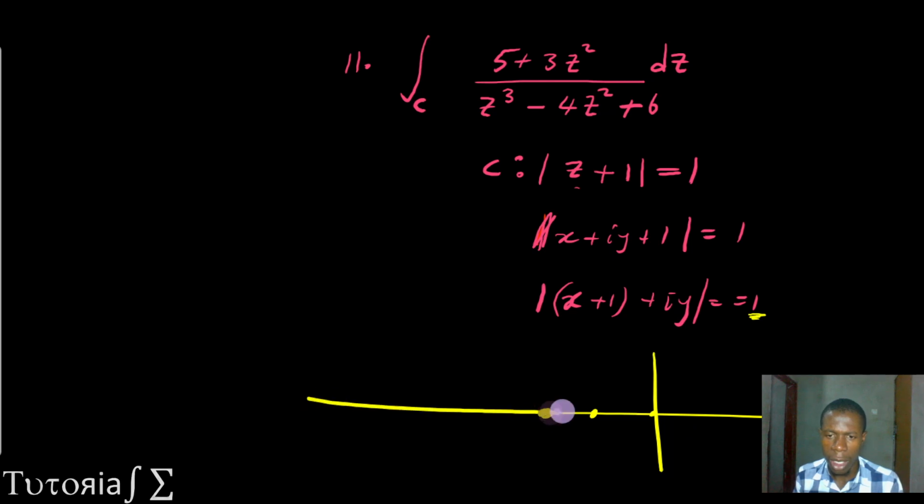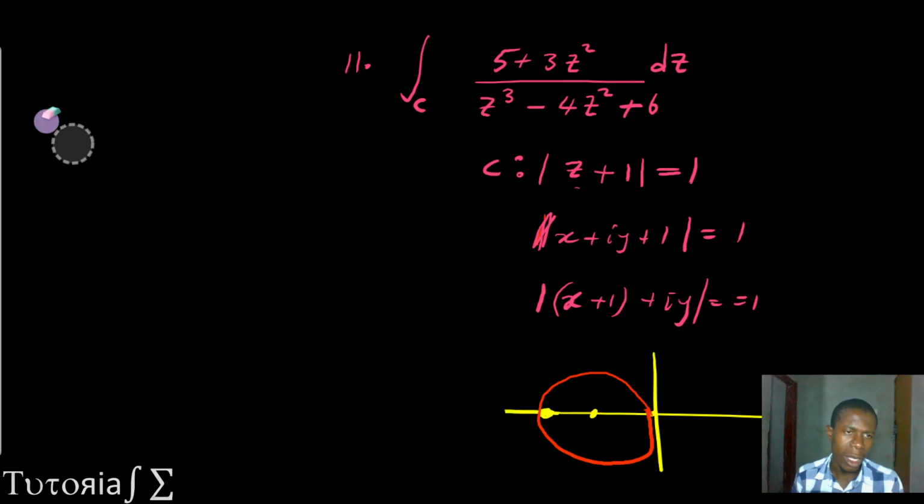So now the circle looks something like this, although it's a bent circle here. So that is our region.